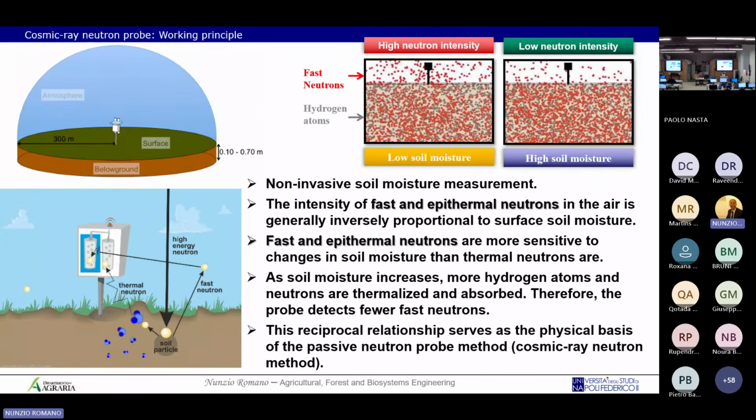And again, some more detailed information. We have fast neutrons, the hydrogen atoms in the soil, and the soil can be at relatively low soil moisture or high soil moisture, and the fast and the epithermal neutrons in the air are inversely proportional to the surface soil moisture.